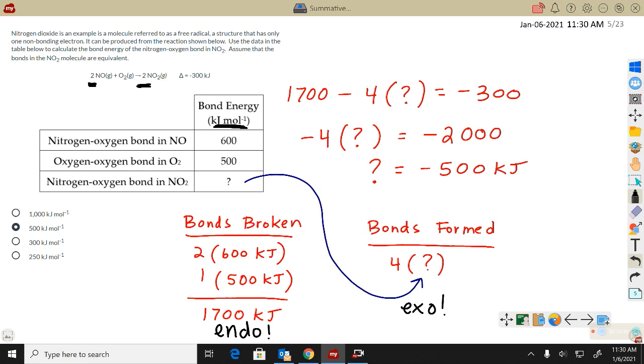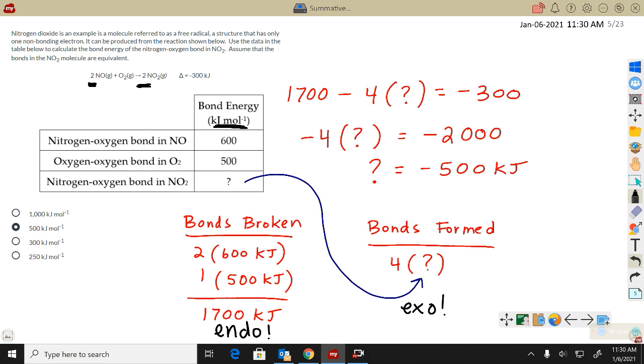So you could think of it as the energy needed to break the bonds on the reactant side, plus the energy released when the new bonds form on the product side. And the overall energy change is the sum of those two processes. There's always the endothermic breaking of bonds and exothermic forming of bonds.